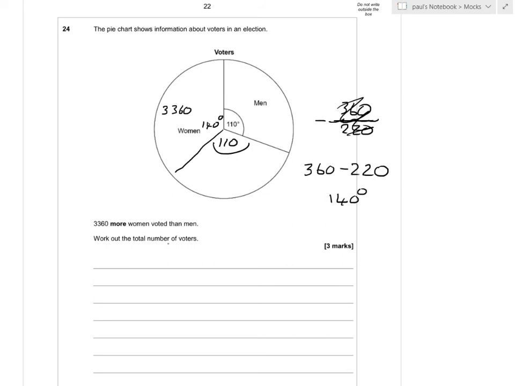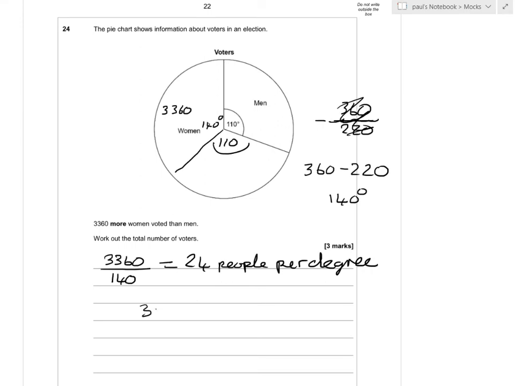Work out the total number of voters. So now if we go 3360 people divide by 140 will tell you how many people per degree. So 3360 divided by 140 is 24 people per degree.